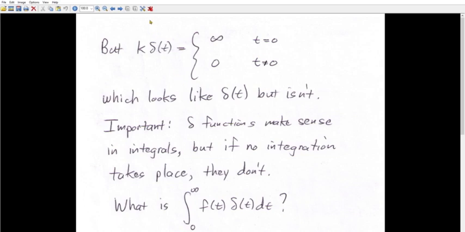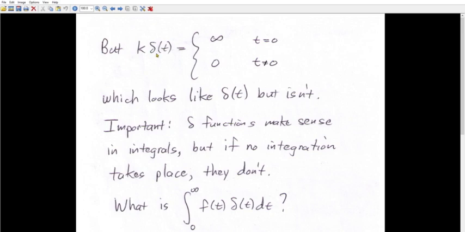Now, if we think about k delta of t as a function, okay, it's 0 when t is not equal to 0, and it's infinite when t equals 0, which looks sort of like the definition of delta of t. But k delta of t is not delta of t.